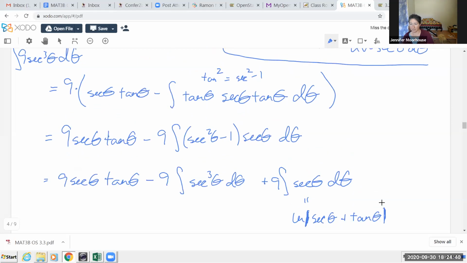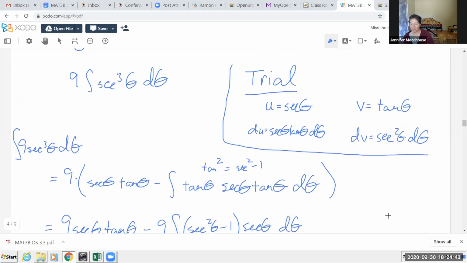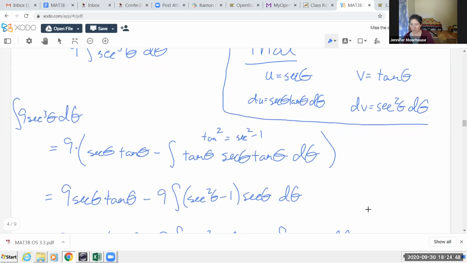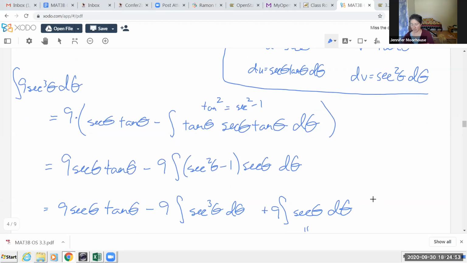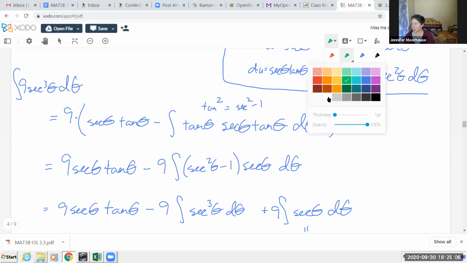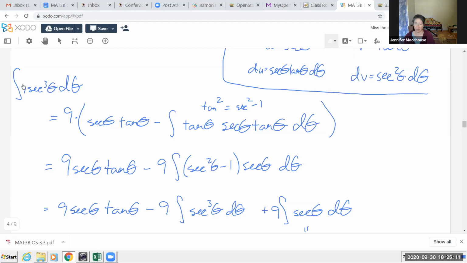But we can do it. It would have been nice if I had left out the 9s to begin with. It would have made things a little easier, I think. Let me do that. So let's say we really only want to integrate the secant cubed.